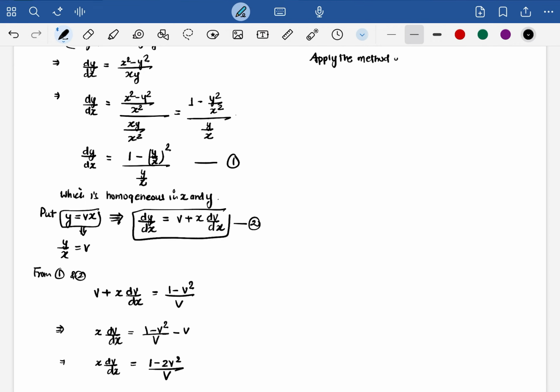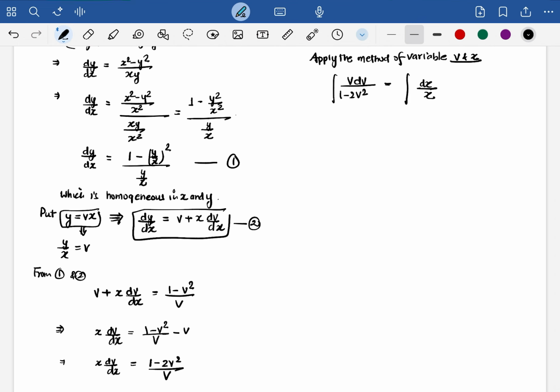What is the method of variable separable? Just take the v and x on different sides. So can we say v dv by (1 minus 2v square) equals dx by x, and we will integrate both sides.